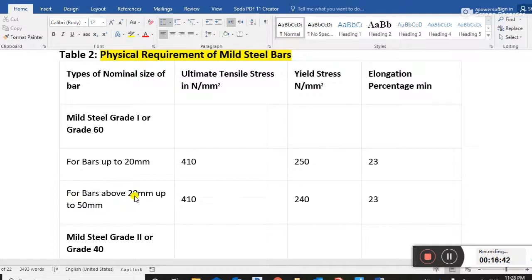For bars above 20 millimeter to 50 millimeter, the ultimate tensile stress is 410 and yield stress is 240, and the elongation percentage is 23.